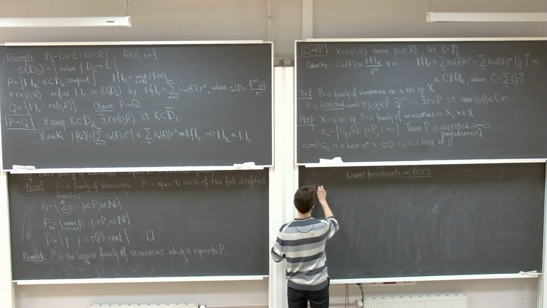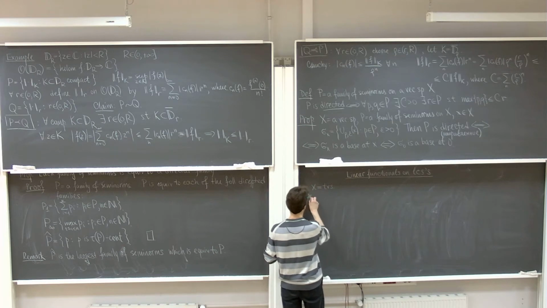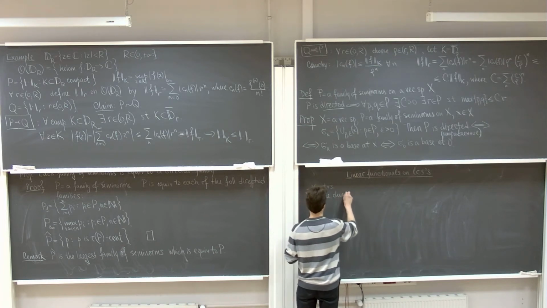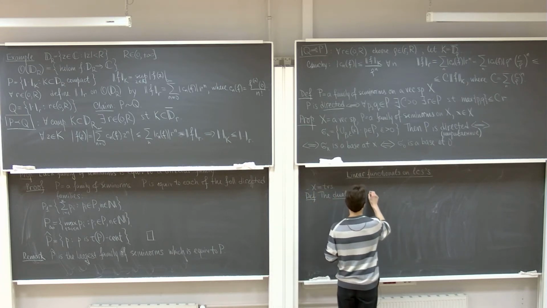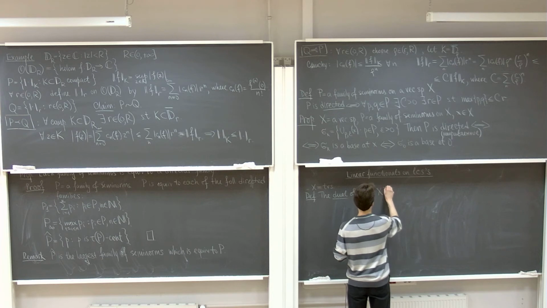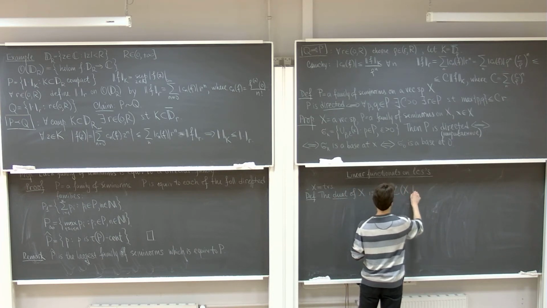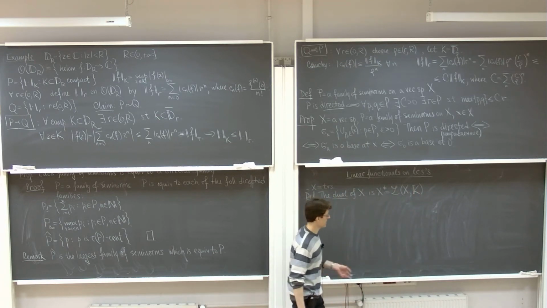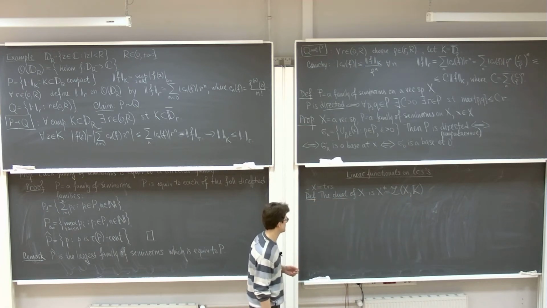If X is a topological vector space, then we define the dual of X to be the space of all continuous linear functionals on X. So as usual, K is our base field, that is the field of real or complex numbers.